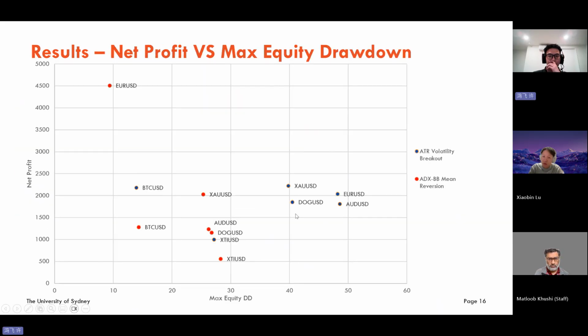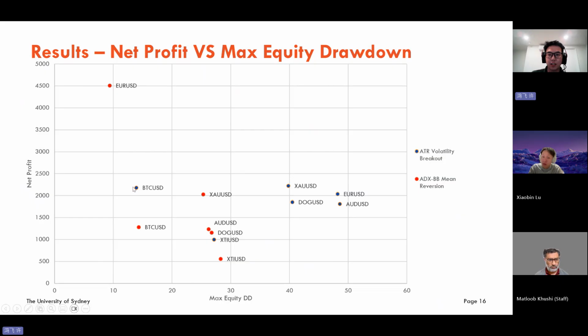So this is the net profit versus max equity drawdown graph. You can see the Euro USD of the ADX Bollinger Band mean reversion, the first strategy, works the best with the highest net profit and the lowest drawdown.